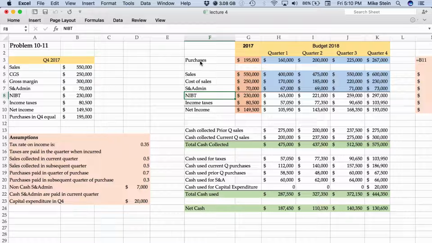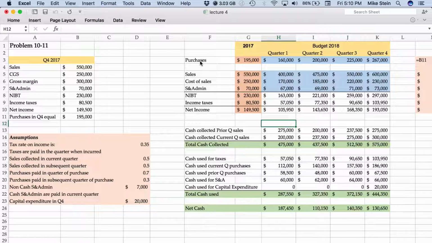One reason for that is I wanted to calculate the net income before taxes, because that way I can figure out what the taxes are, because those have to be paid in cash. And then I calculated net income, even though that was not really required.